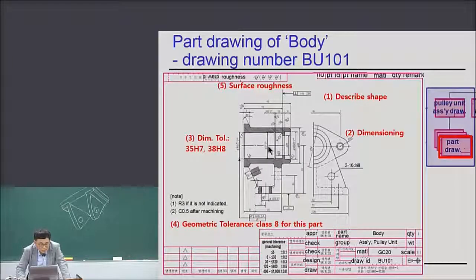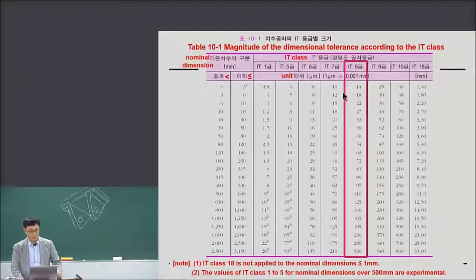Actually this is the axis of the cylinder whose diameter is 35. So the parallelism of this axis, according to datum A, is 0.05, 50 micron. Where does the 50 micron come from? From class 8.